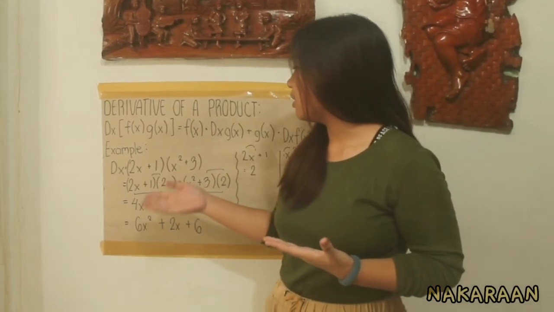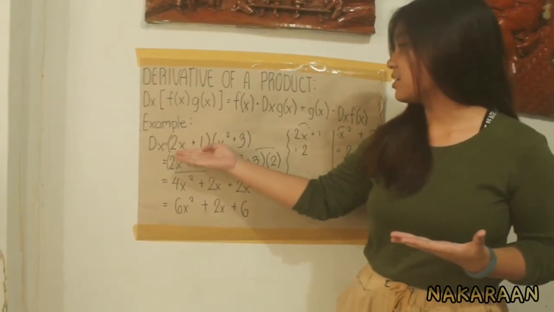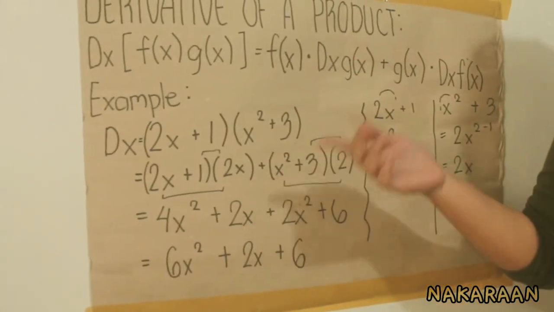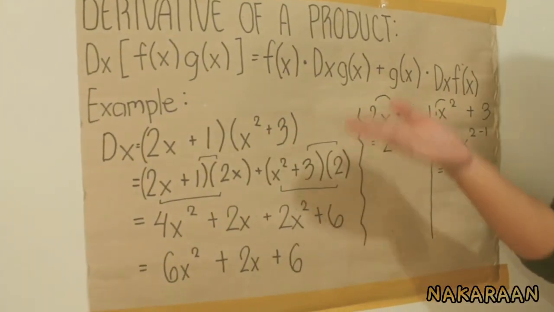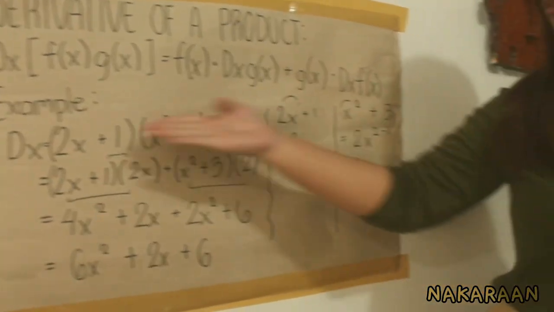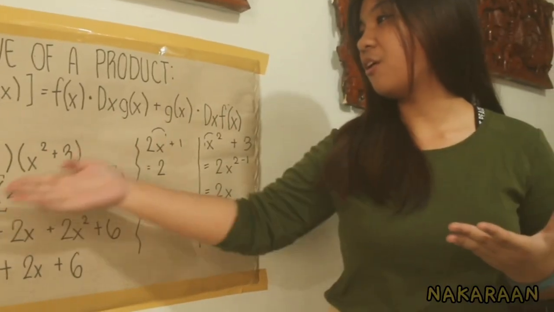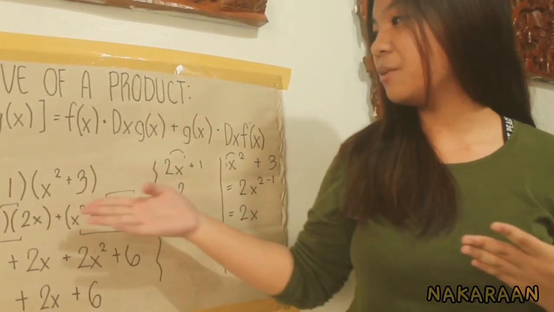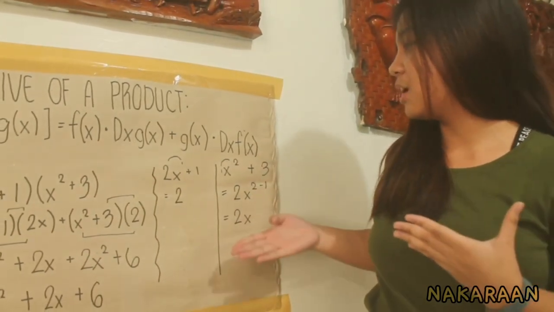So our example here: f of x is 2x plus 1, while g of x is x squared plus 3. First, we take their derivatives. For f of x, the derivative of 2x plus 1 is 2. For g of x, which is x squared plus 3, its derivative is 2x.